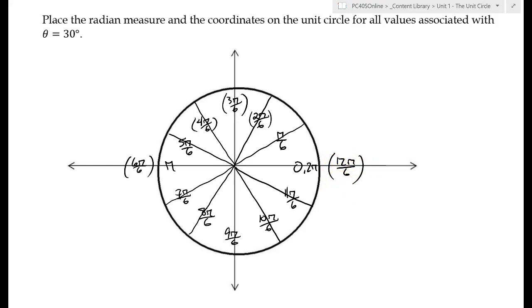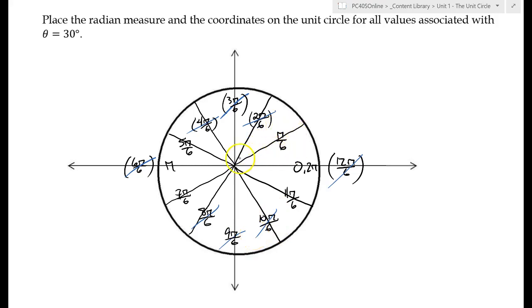But the tricky part is that these all reduce. We know that already. But actually 2 pi over 6 reduces to pi over 3. So it's not going to be an over 6 reference. Same with 4, same with 8, same with 10. They all reduce.